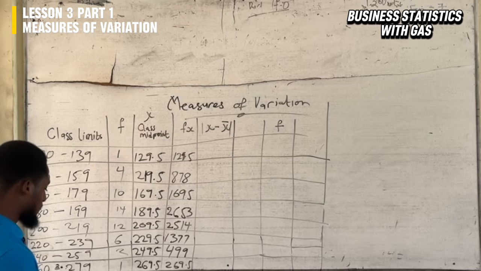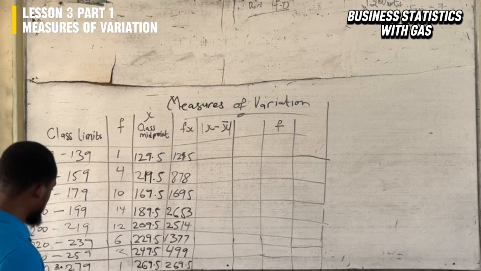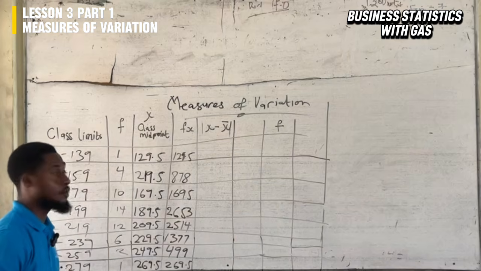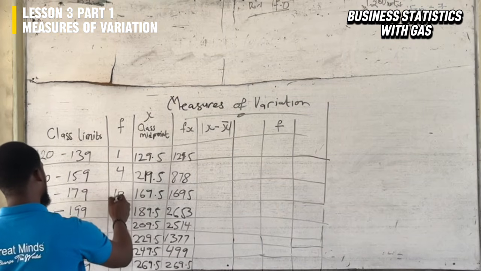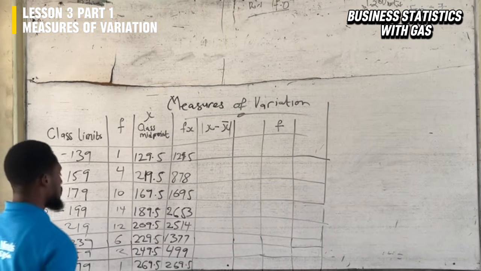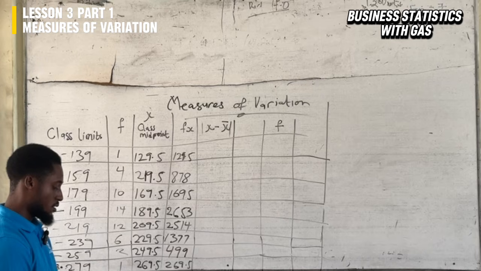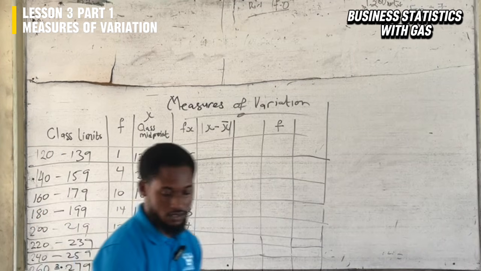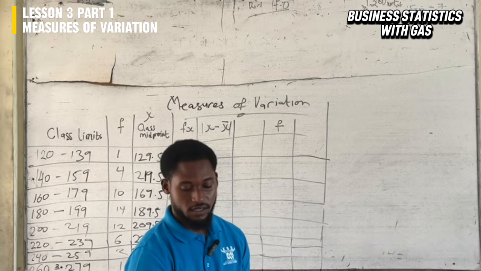So 1 plus 4 plus 10 plus 14 plus 12 plus 6 plus 2 plus 1, you are getting 50. Then you divide by the number of observations. We have 1, 2, 3, 4, 5, 6, 7, 8. So you divide the 50 by 8, and you are getting 6.25.